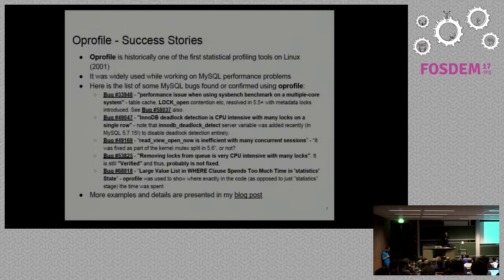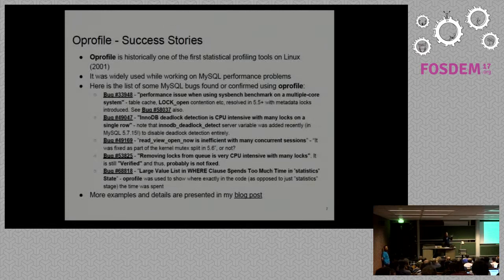This slide with the links is just a history of applying OProfile to MySQL. OProfile has been available since 2001 or so. It's initially based on sampling by timer, so it adds overhead, but still a lot of problems in MySQL were found, like all those scalability issues of the table cache that were resolved mostly since 5.5 with the introduction of metadata locks and all that kind of stuff.